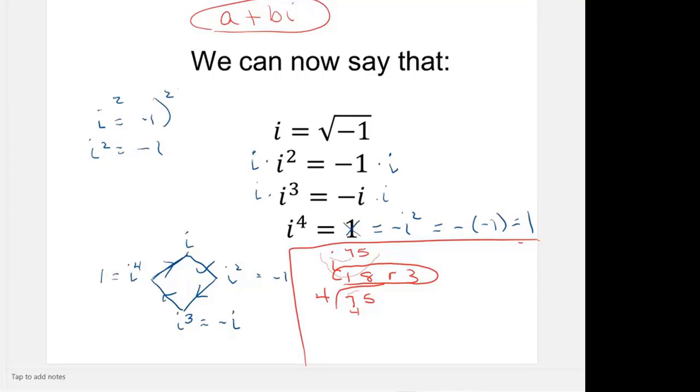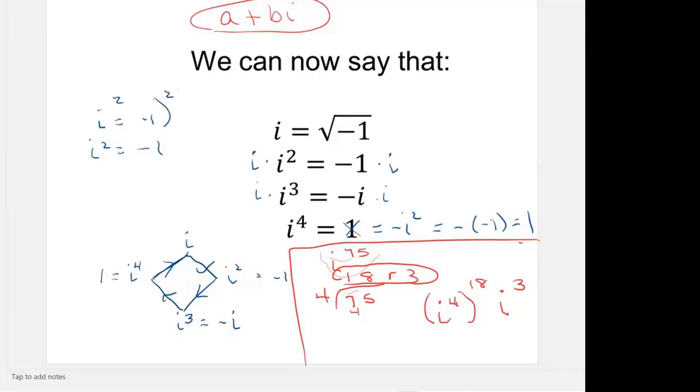Now, that means if I put it into exponent notation, this is the same as i to the 4th power to the 18th power, because I multiply those exponents, which gives me 72. And then I need 3 more to make it 75.